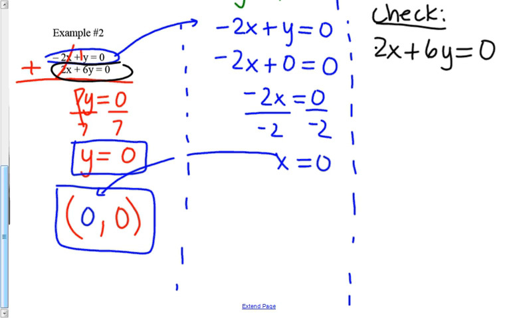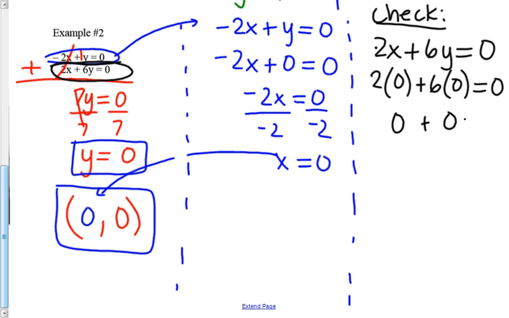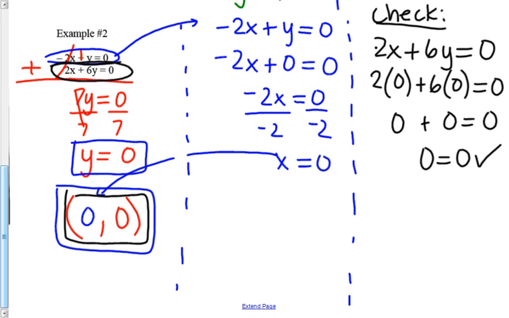So I'm going to substitute in both of them: 2 times 0 plus 6 times 0 equals 0. 2 times 0 is 0. 6 times 0 is 0. 0 plus 0 does equal 0, and so it checks. So my answer of 0, 0 is correct. If we were to graph these two lines on the coordinate plane, they would cross at the origin.